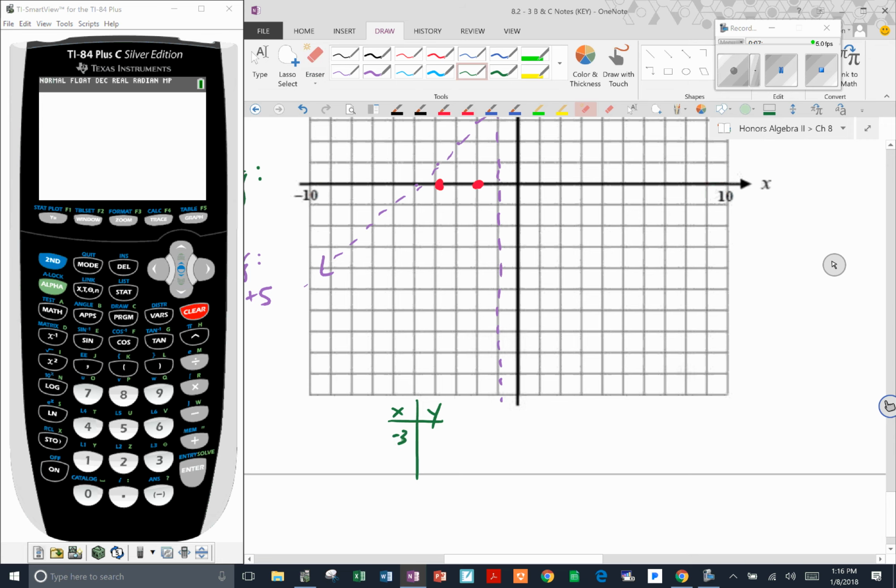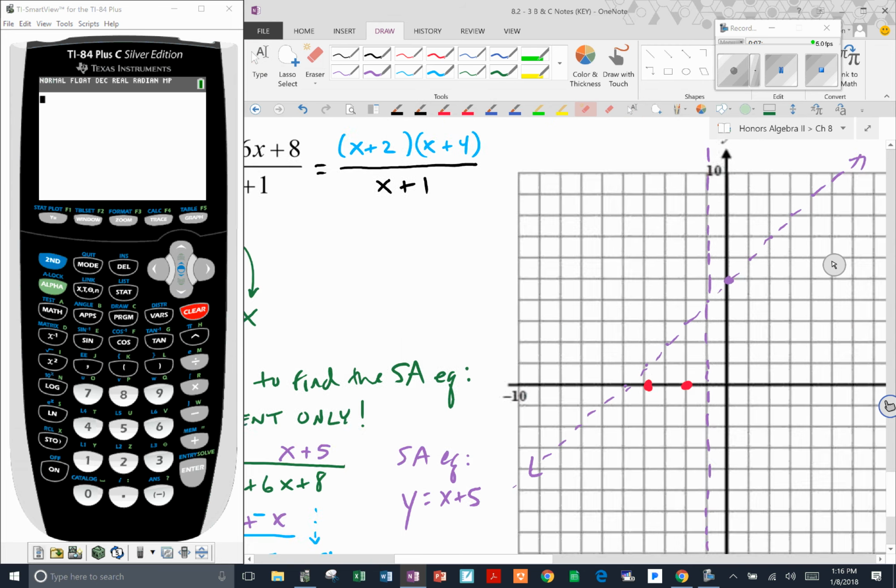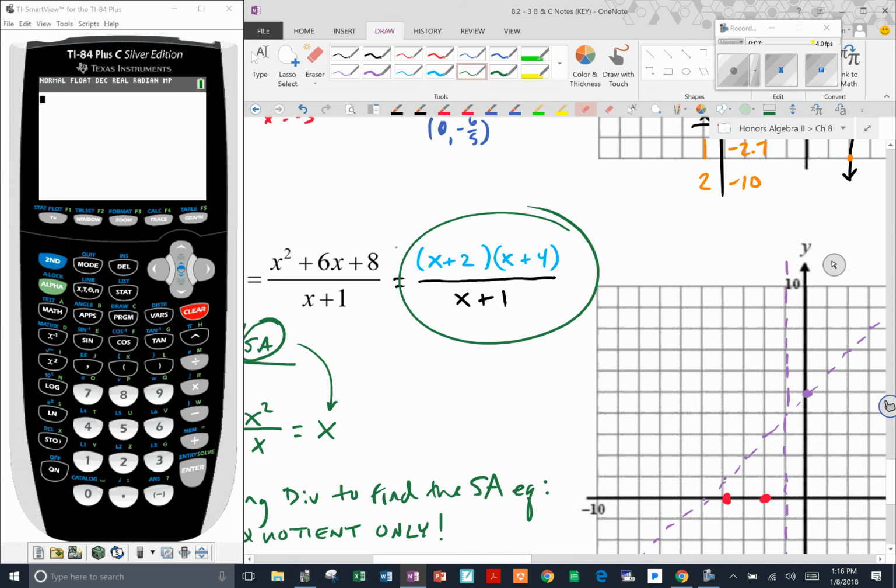If you put -3 in, you can use this function if you want, or put it in your graphing calculator, I don't care. But -3 is pretty easy to put in because you get -1, you get 1, and then down here you get -2. So you have -1 times 1, which is -1, over -2, where you get 1/2.